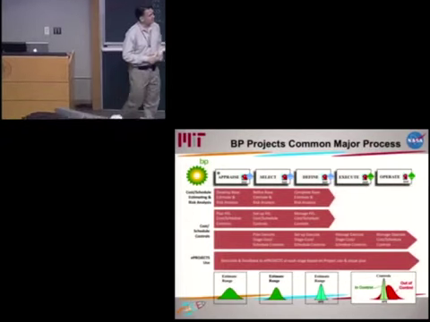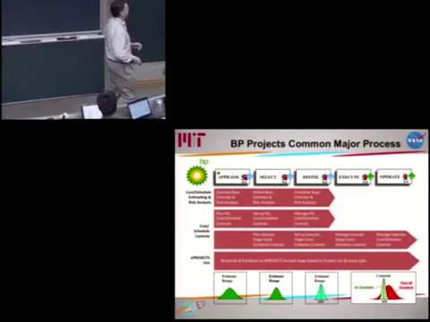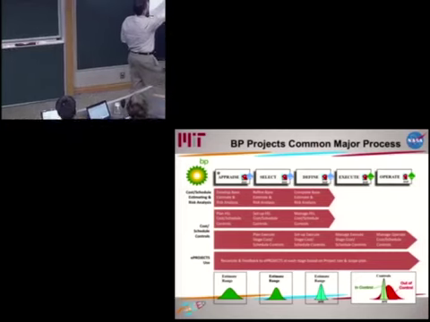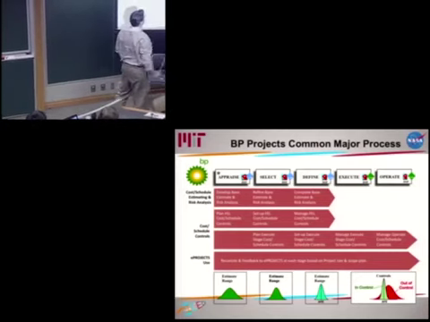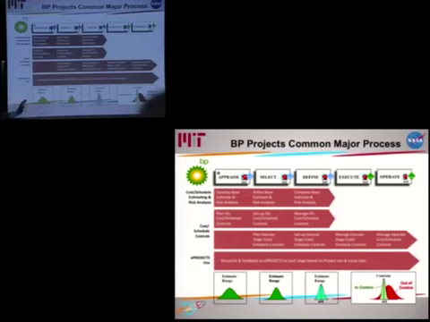So this is an example of the BP project's common major process. They have 5 phases: appraise, select, define, execute, and operate. And I'm not going to get into details here. And the idea is that you have to be comfortable with some amount of risk by going to the next phase. You can't have full certainty as to what's going to happen.